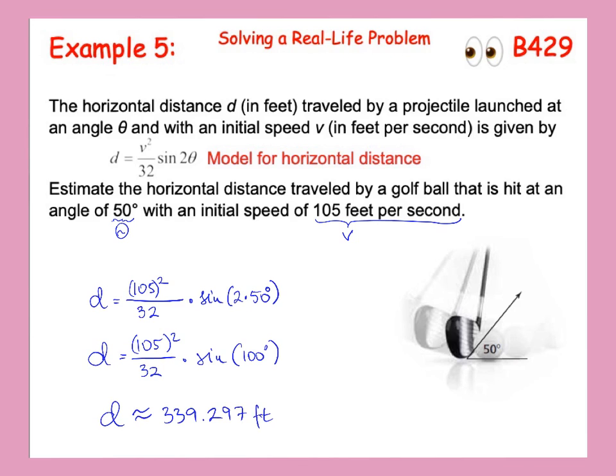Let's round this to the nearest whole number. So the distance is going to be approximately 339 feet that this golf ball travels. So I'm going to say rounded to the nearest foot.